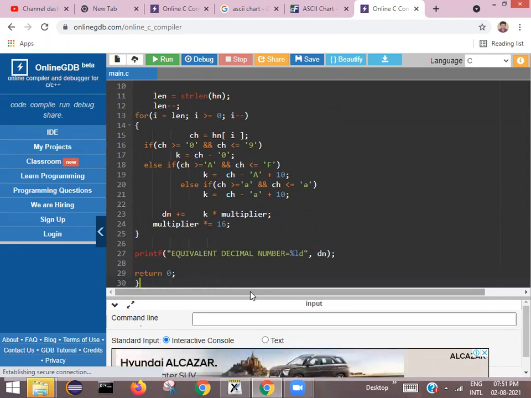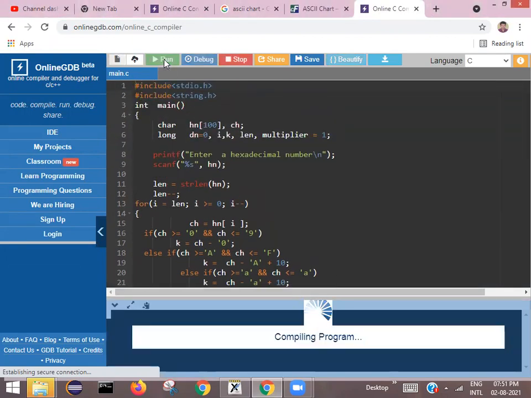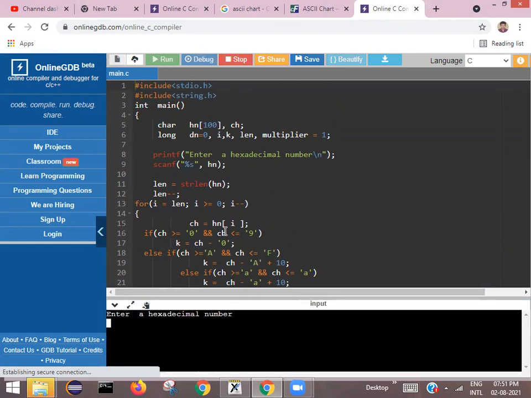Okay, then I close this here. Right, so let us run this code. I think we have included all required header files. Anyhow, if there are any mistakes, yeah, enter a hexadecimal number. Thank God, without any errors, it is executing.